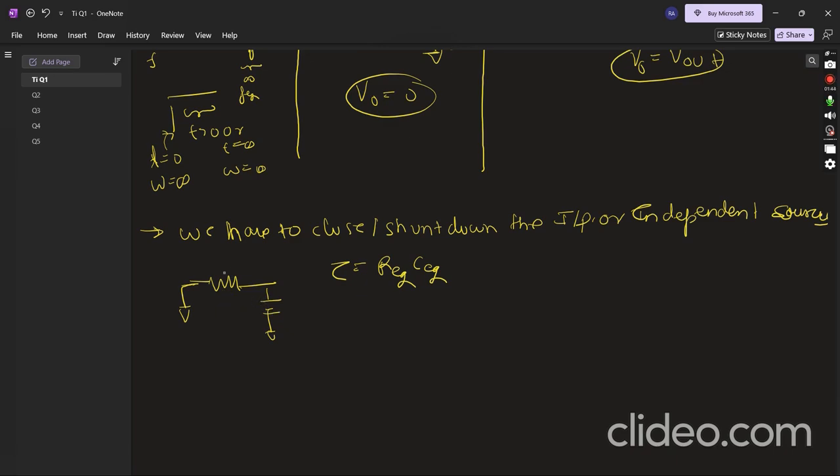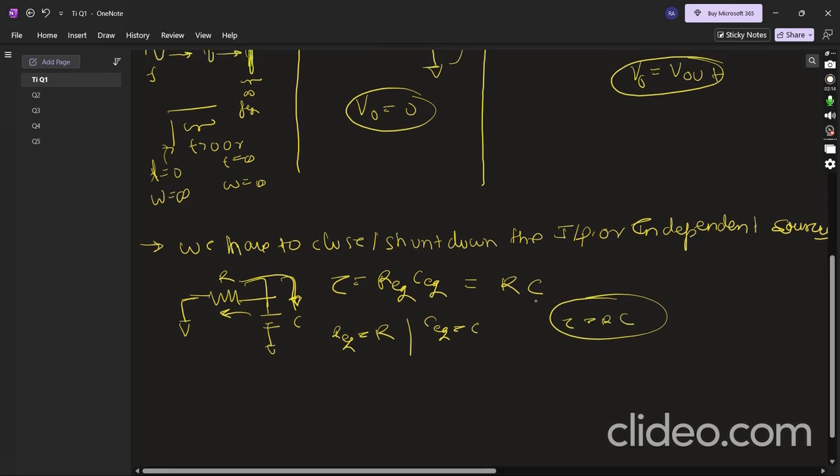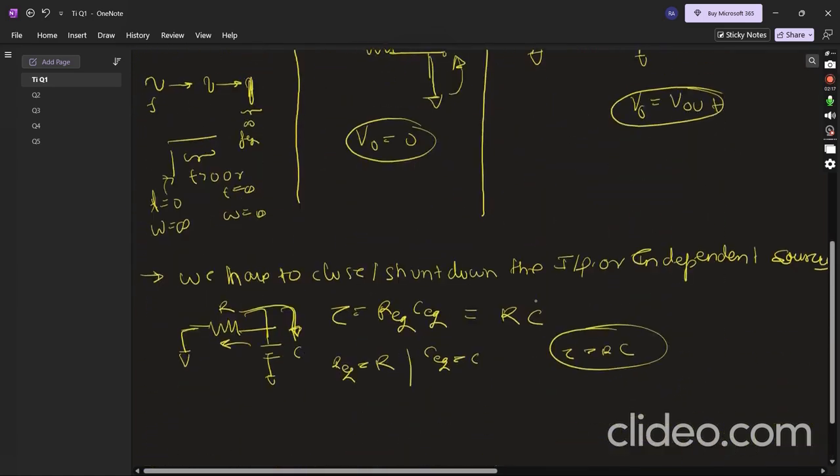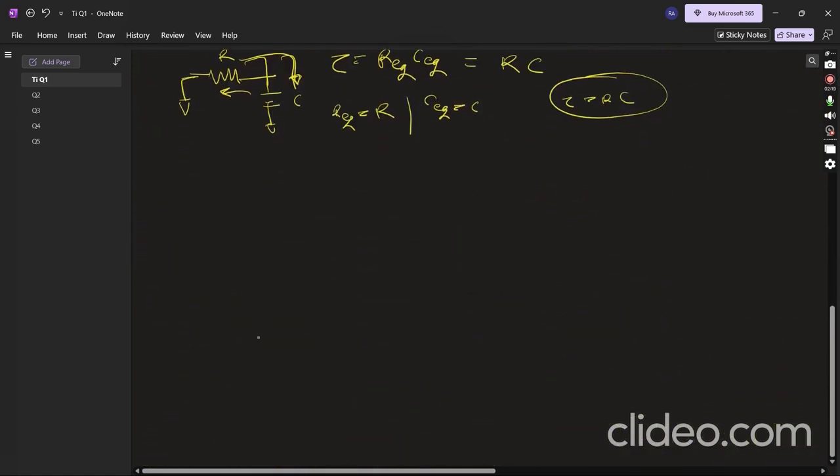With respect to this capacitor, R equivalent is equal to R. And with respect to the resistor, C equivalent is C. So our time constant is RC. Now we can plot the waveform for the input.